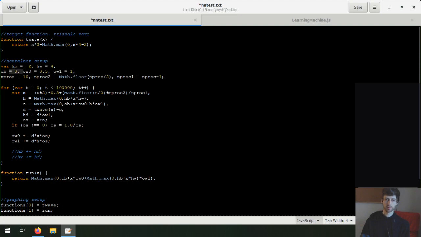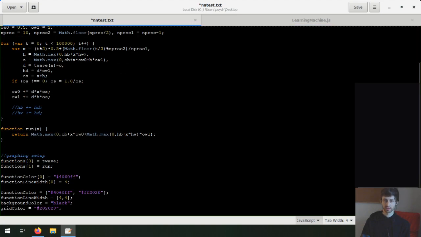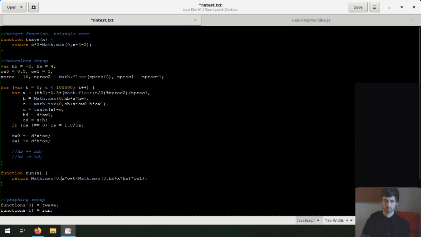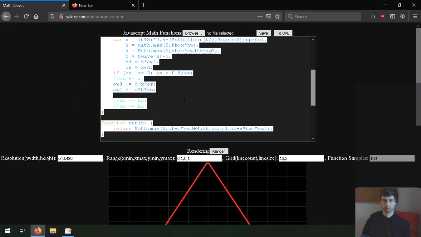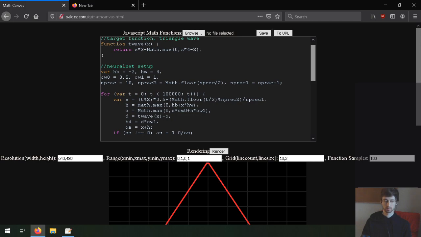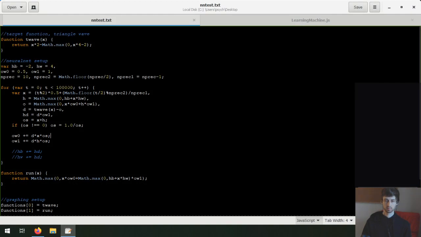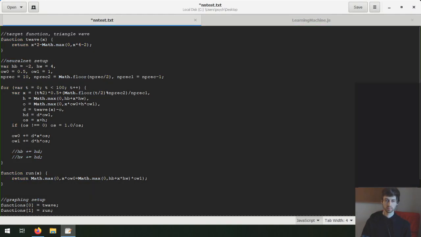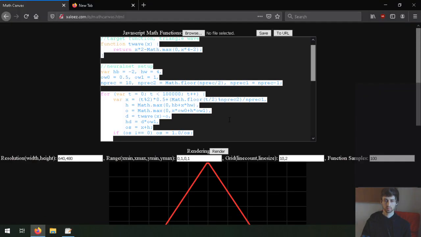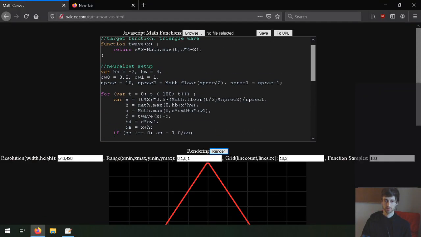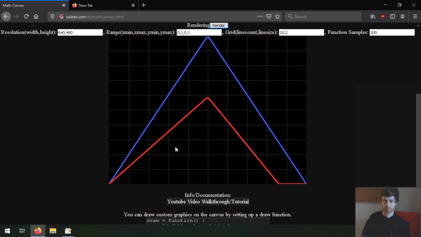Alright, I'm going to take away the output bias. We don't actually need it here anyways. Let's see how many iterations this trains in.